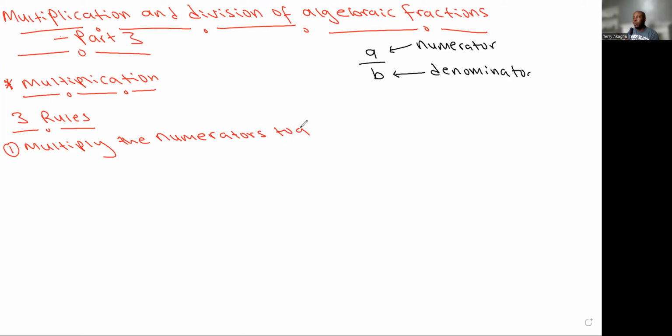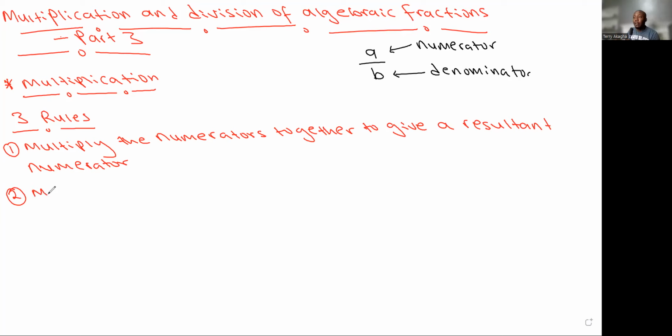together to give a resultant numerator. Then number two, after you multiply all the numerators together, you do the same thing to the denominators.